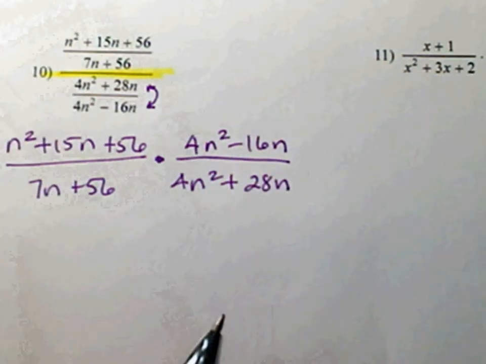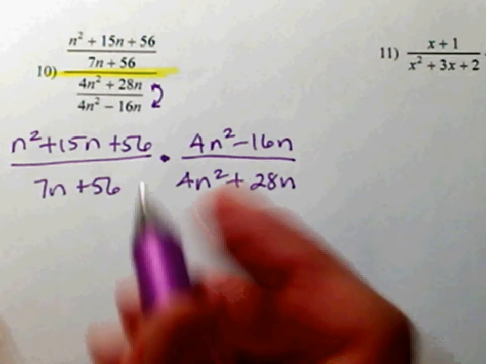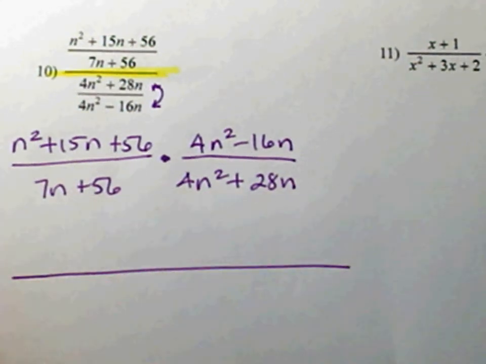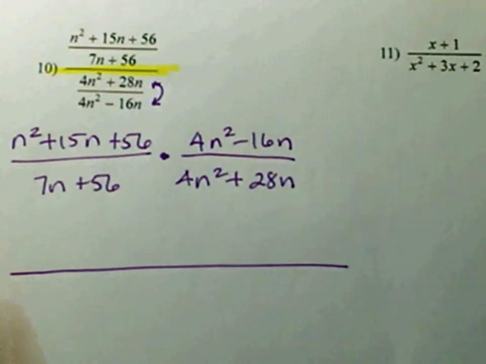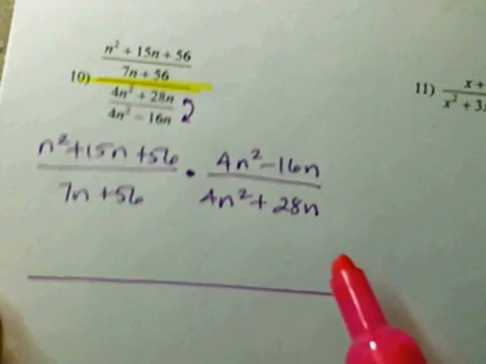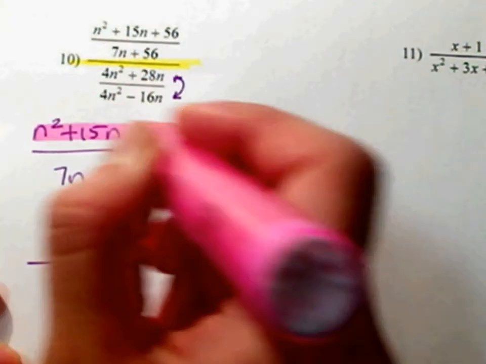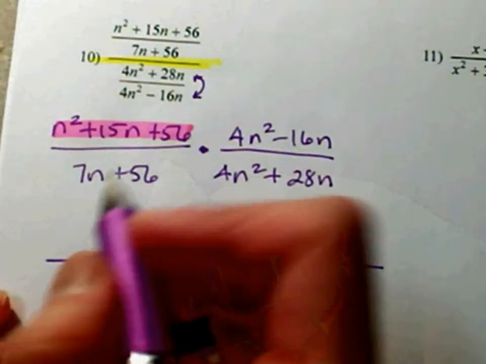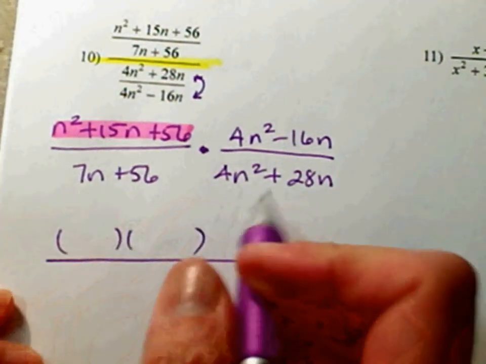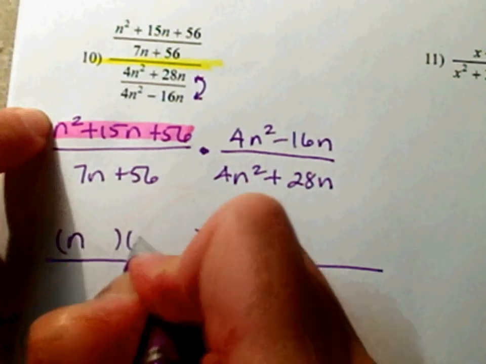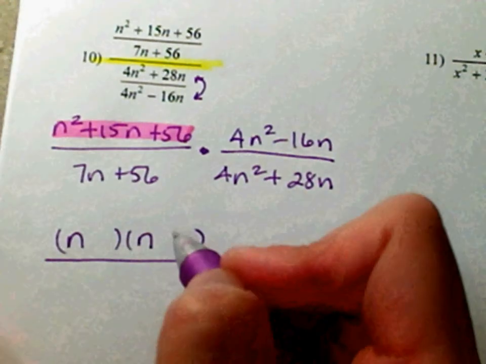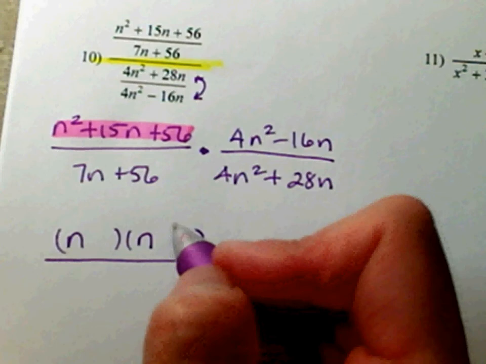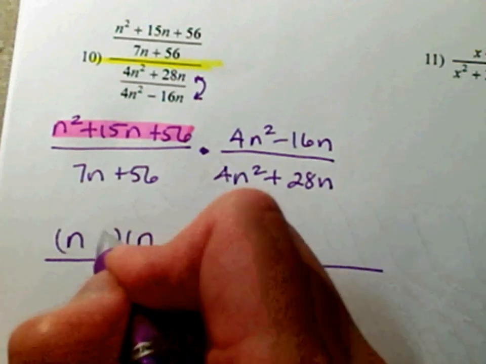Draw yourself a big line. One group at a time. Look at that one. What do you need to do? Factor, 2 sets of parentheses. Factors of n squared is n and n. 2 numbers multiplied to give you 56, and it's going to add to give you 15. 7 and 8.